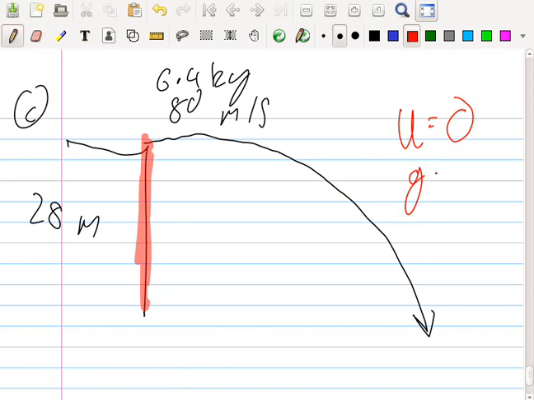What's the A? 9.81. And what's the S? 28. If you took minus 9.81, then you should use minus 28.